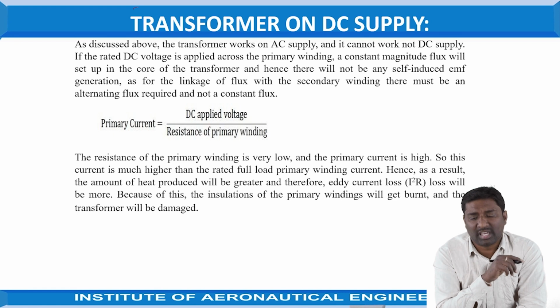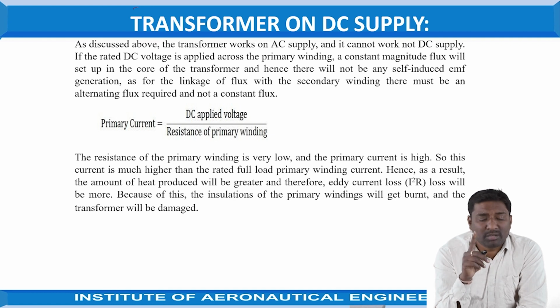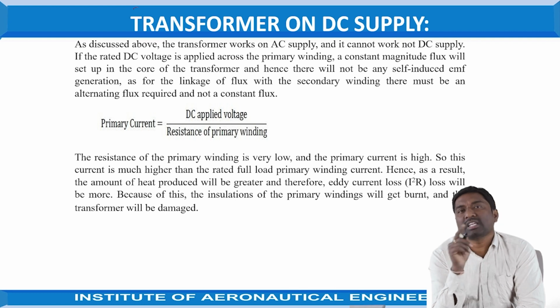Because the flux set up in the core is constant in magnitude, we do not get any self-induced EMF generation, and there is no linkage of the flux with the secondary winding. Therefore, an alternating flux is required, not a constant flux, because it needs to link with the secondary winding.